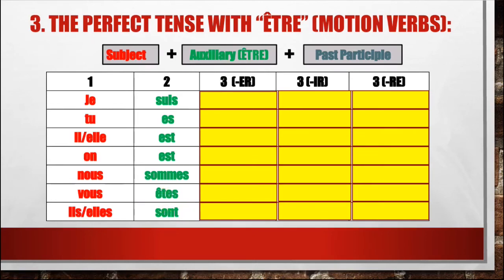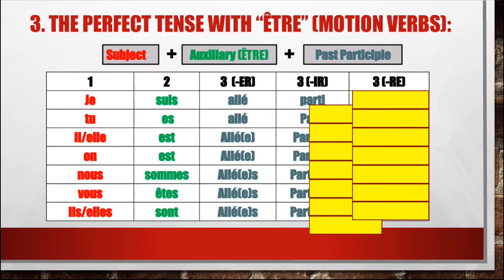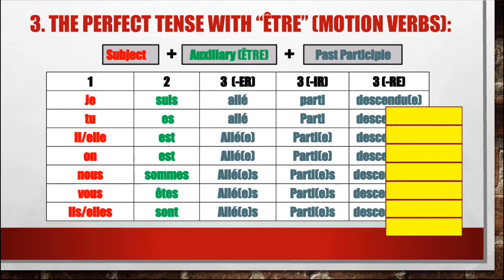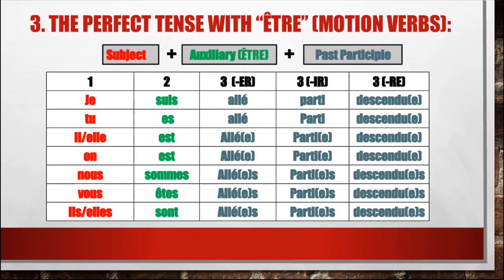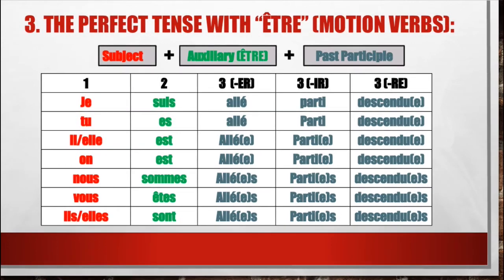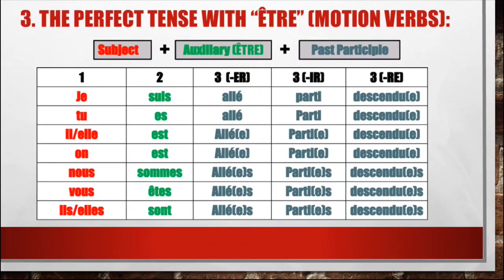For part number three, again three options. The er becomes e with an accent, ir becomes I, re becomes you, no difference here, but you can notice that sometimes there's an extra e or an extra s. When we talk specifically about the motion verbs, the ones on the list we've seen before, we need to add the extra E if it's feminine.